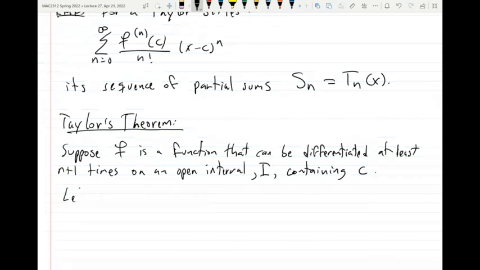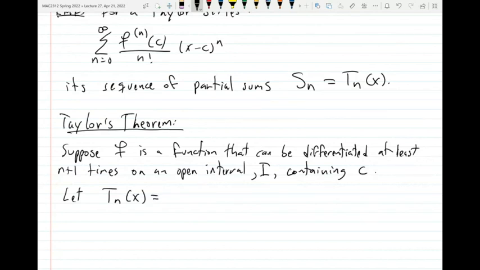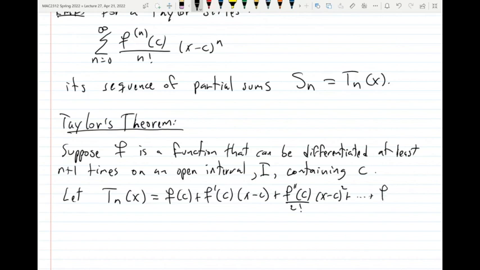Then let Tn of x, remember what this is. This is f of c plus f prime of c times x minus c, plus the second derivative term and so on. It's good to write it down several times until you get a feeling of what this is.